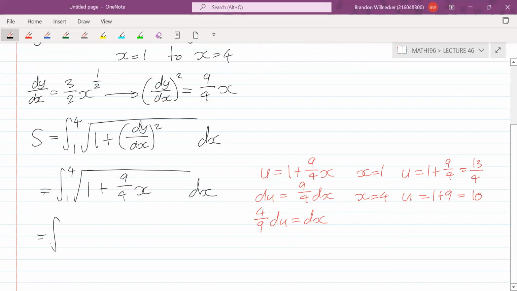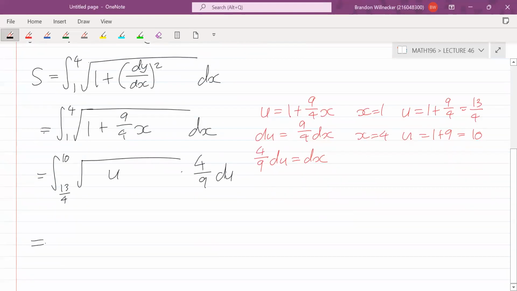So that's going to be the integral from 13 over 4 to 10. And then we have the square root of 1 plus 9 over 4x, that's the square root of u, times 4 over 9 du. Okay, so we can take that out.